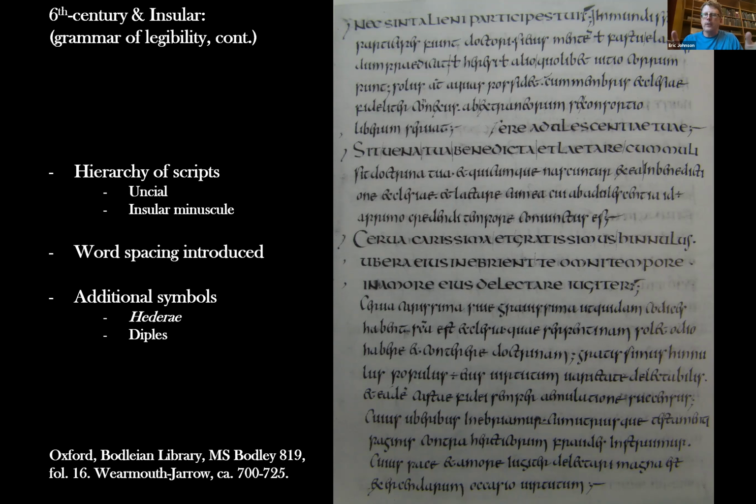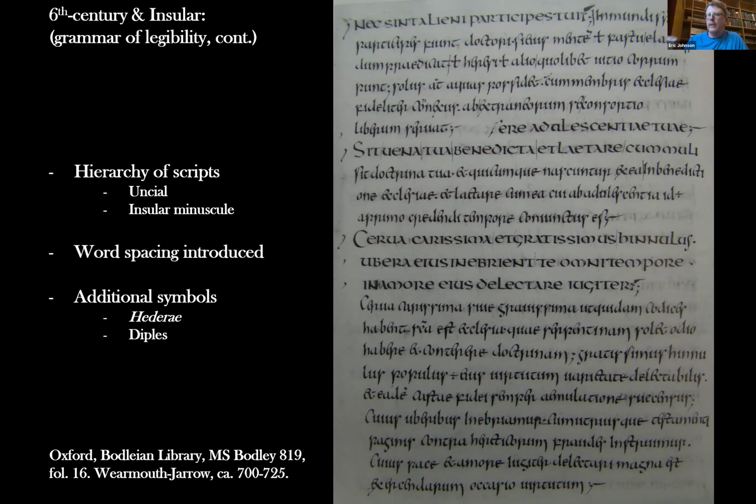And the uncial script that is being used here, as you can see all the way down the page, everywhere we see that uncial script, that is a citation or an extract from an authoritative text. You can see the diples at the left of every line with the uncial text, and you can see the hedera at the end of each section of uncial text.